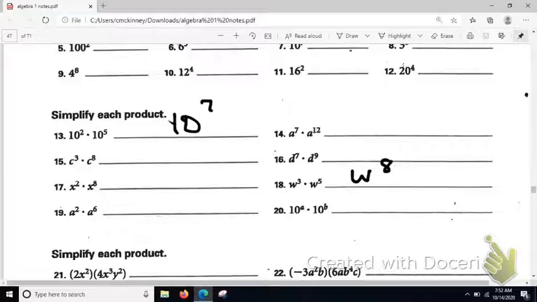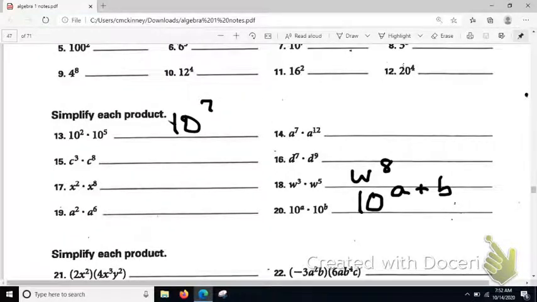Number 20 is really just kind of stating the rule. So 10 to the a times 10 to the b, add the exponents. This would be 10 to the a plus b, because we don't know what a and b are. So that is the product rule applied to some variables, to some single bases.